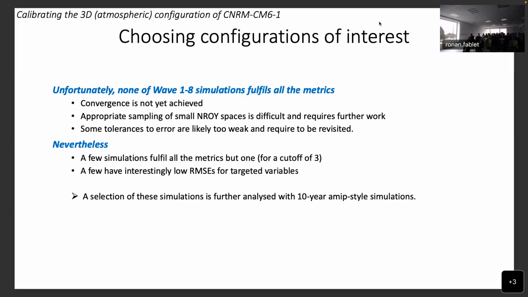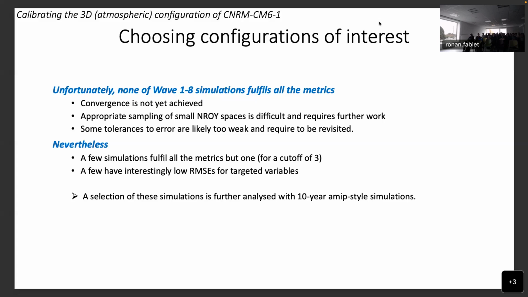Nevertheless, there are a few simulations that are interesting, at least because they fulfill all the metrics but one. So I'll show you a few results with some of these simulations. We also have a few simulations that have rather low root mean square error compared to observations for the targeted variable I'm using.